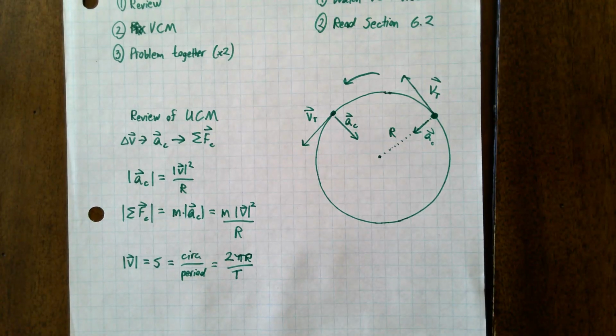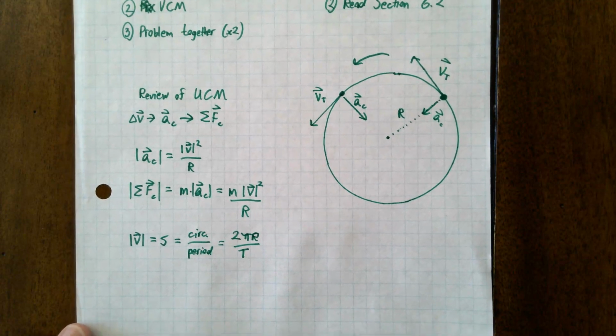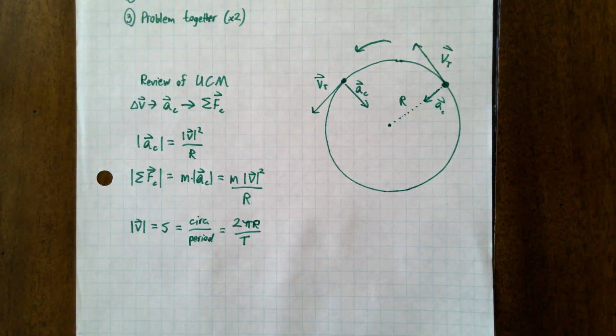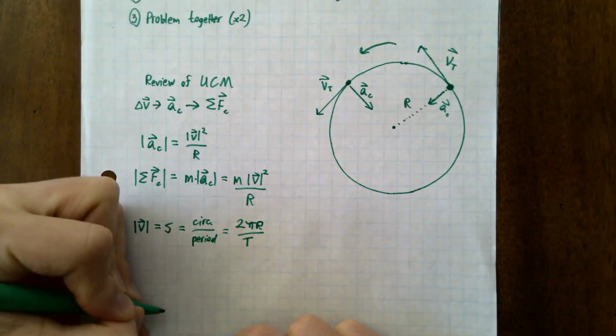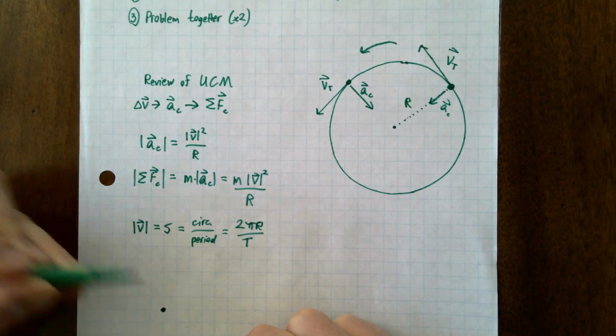We looked at some problems in horizontal circular motion. Today we'll look at a problem in vertical circular motion. It's the same one described in the lecture notes posted on Blackboard under 6.2. What we have is a swing set. Here's the bar that controls the swing, and the swing goes down.